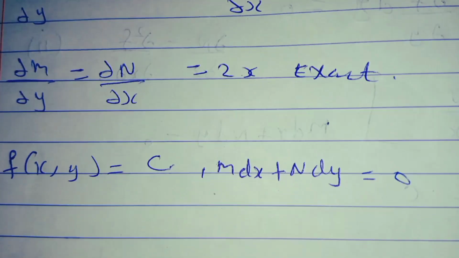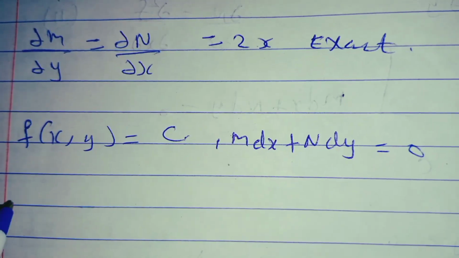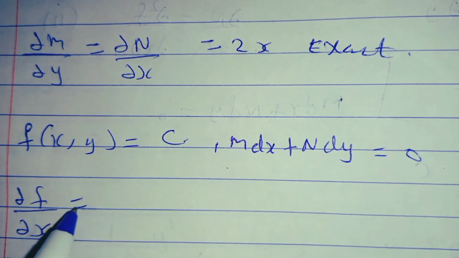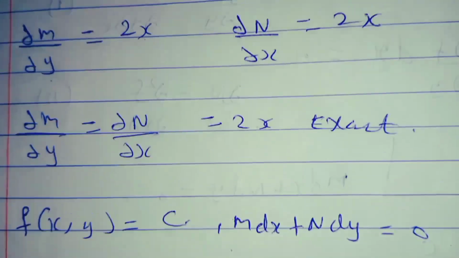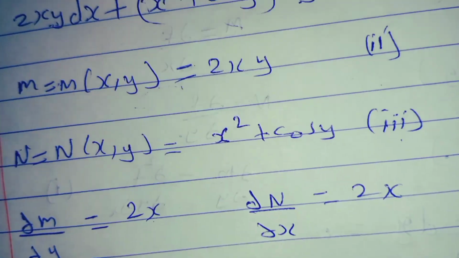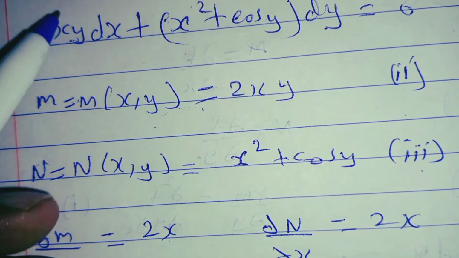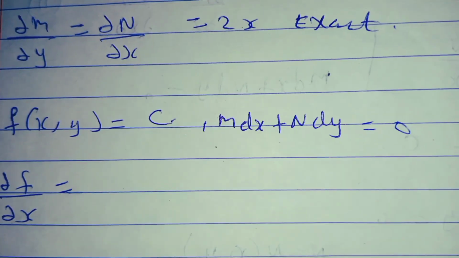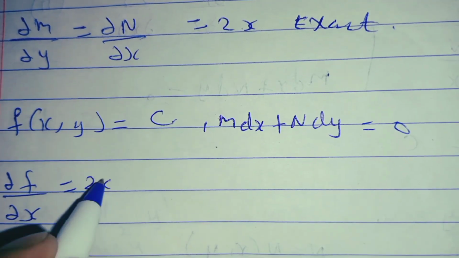From what we are given, df over dx, from equation 2 which we are given here, is 2xy. So that is what we are going to employ here.